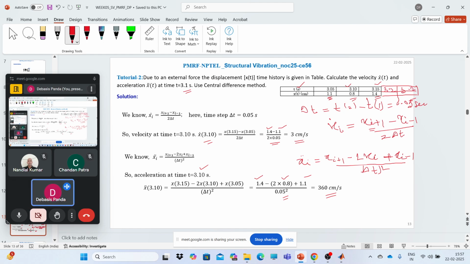If the question is projected like this, with four or five values instead of three, how can we solve this?